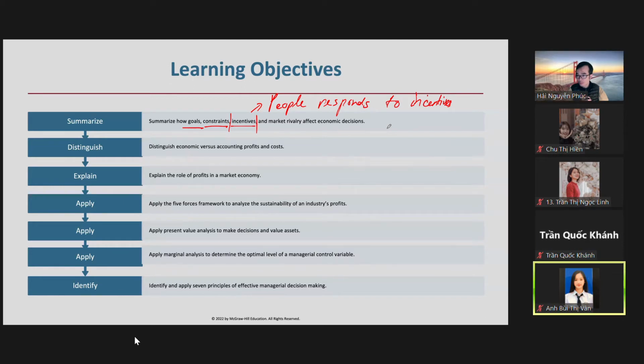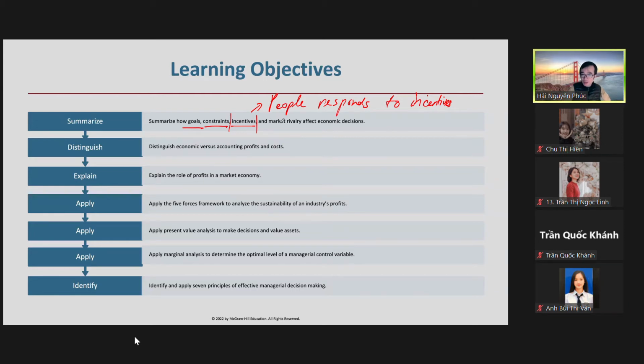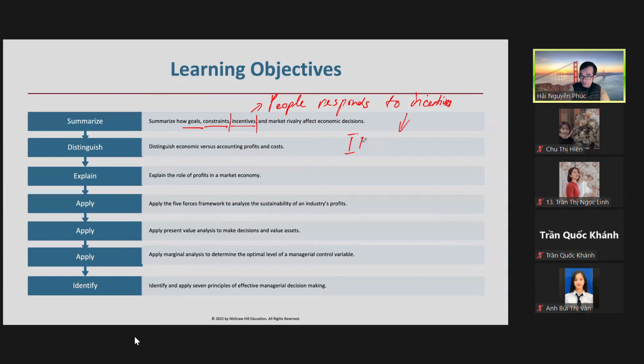Yes. Right. So the principle that we say here, people respond to incentive in general, is pretty simple. It says that if you want to change someone's behavior, all right, what would you have to do?